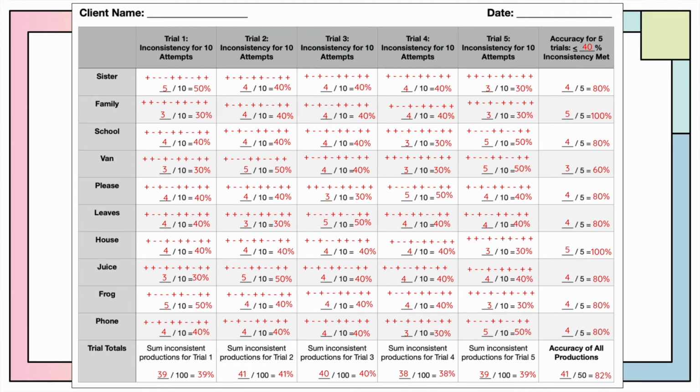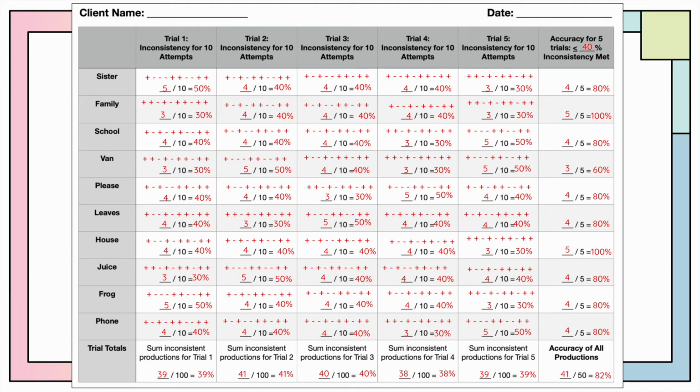Overall, we want our client's inconsistency score to be decreasing over time, and this client's particular goal, like we said, was to achieve remediation down to 20% with 90% accuracy. But in this example, we're going to be working on their first objective, not that overall goal, and that objective was an inconsistency score of 40% or less as a marker of success for a trial.